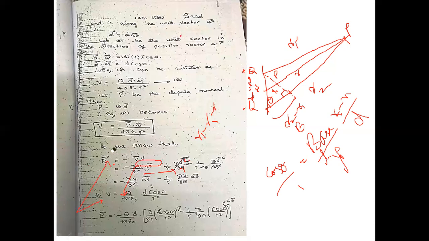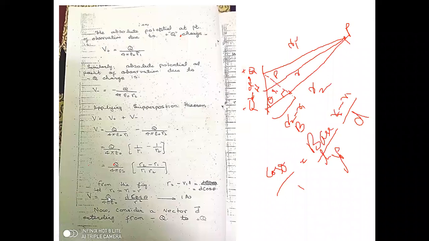That was the V. Now if you want to find the E, according to this relation, E is equal to minus gradient of V. So applying the gradient, putting the values of V from here: V is equal to q over 4 pi epsilon naught, d cos theta over r square.